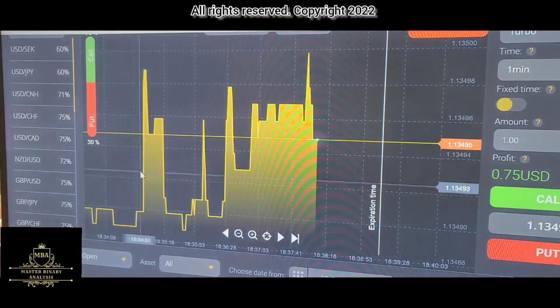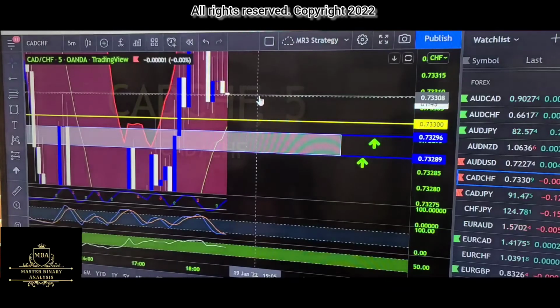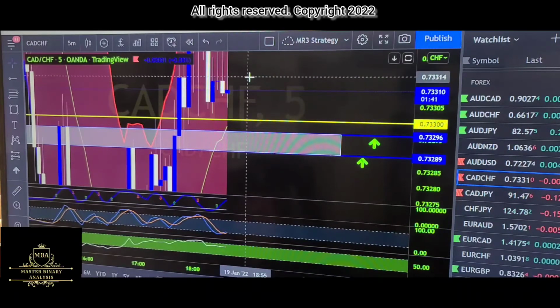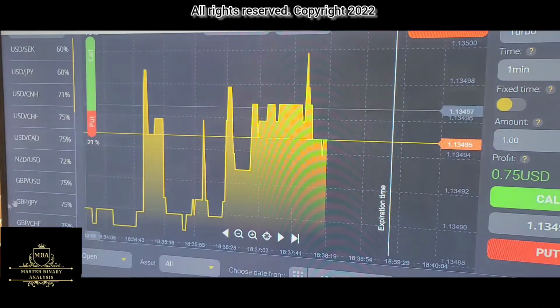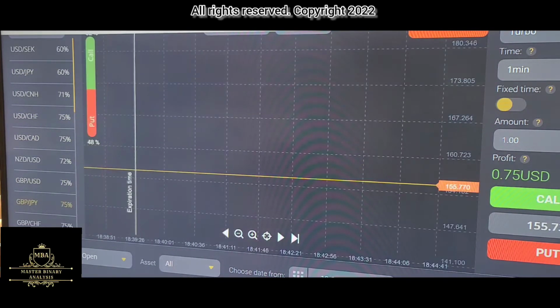So again, let me look at the chart really quick. What's a good one? That one is being weird. Let's go to GBP JPY.